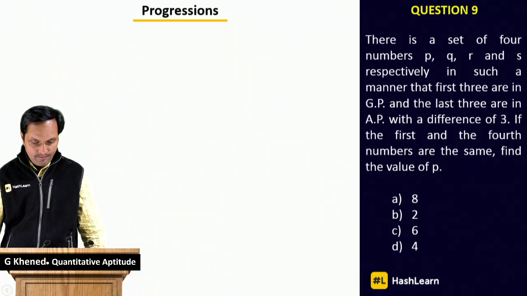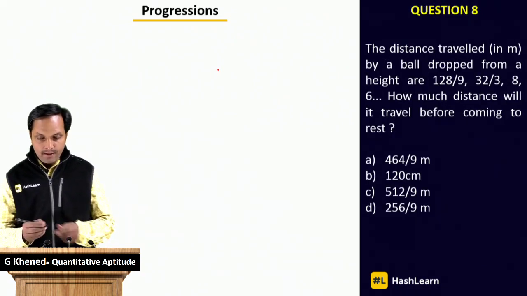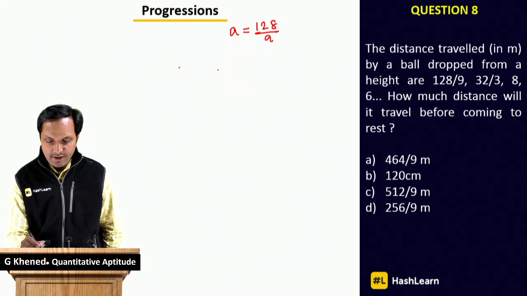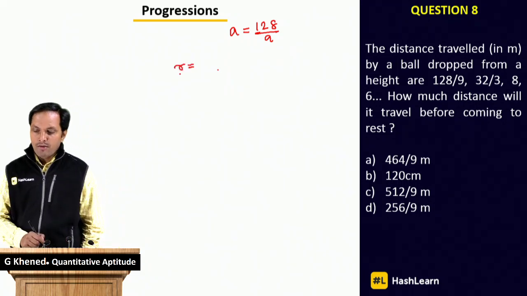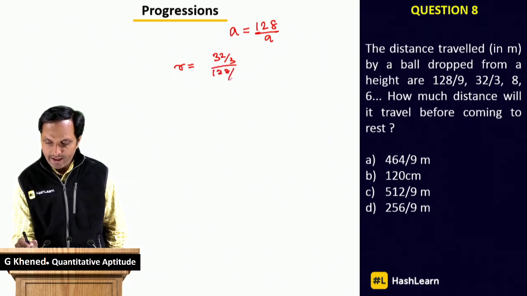So here is the problem, number 8. a is 128 by 9. And what is the common ratio? Common ratio is the term 32 by 3 whole divided by 128 by 9.